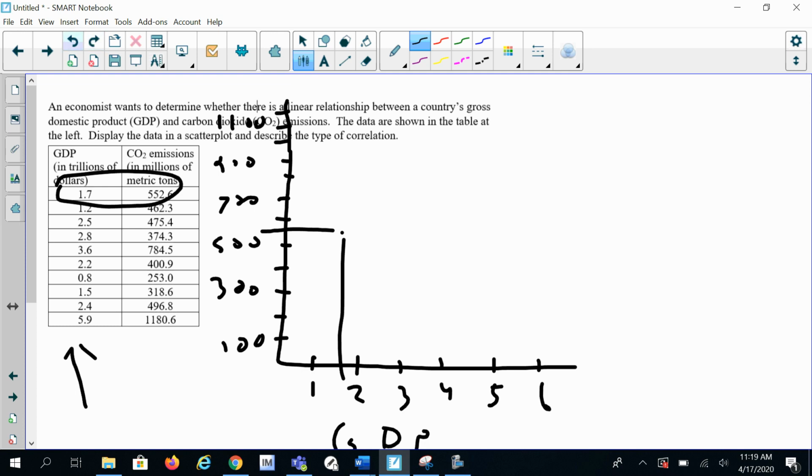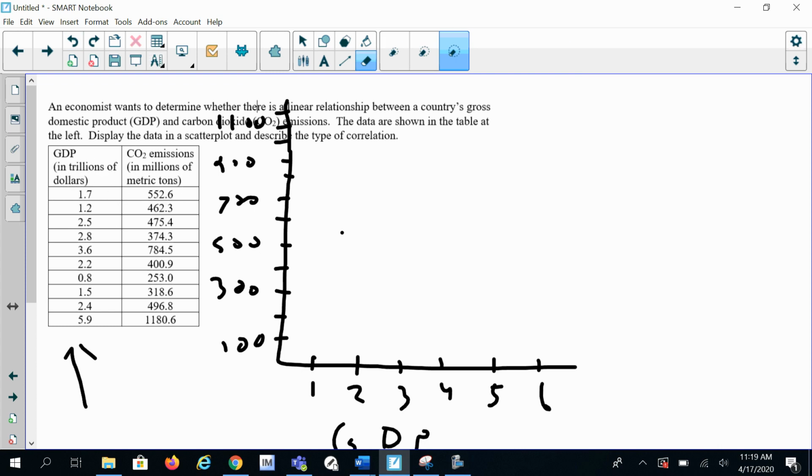So I'm going to continue to do this for all of them. I can graph all these dots. So I'm at 1.24 something, 460. I'll do the best I can with this. 2.5, 475. 2.8, 375. We're at 3.6, 784.